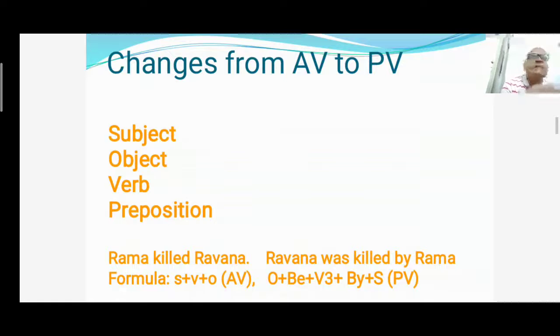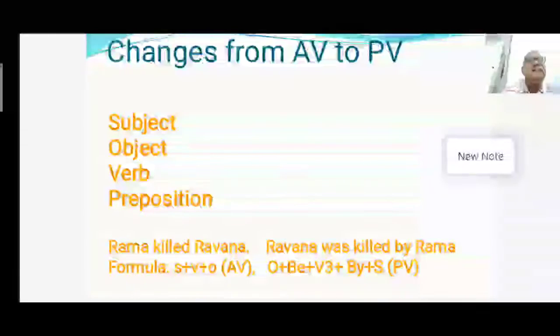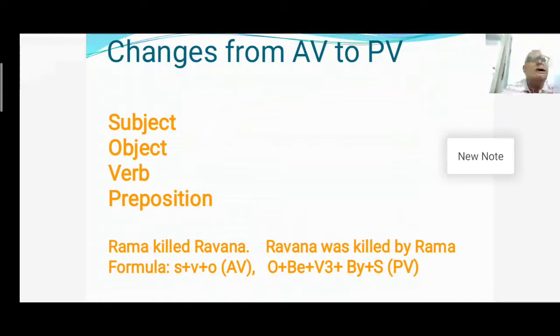Then the be form is used; the appropriate be form depends on the tense. We can bring a change even in the verb, and the verb should always be in past participle form. Then the preposition: in most cases the preposition by is used. Here is one example translated from active voice to passive voice: Rama killed Ravana can be translated into passive voice as Ravana was killed by Rama.